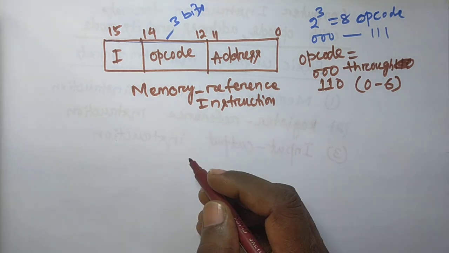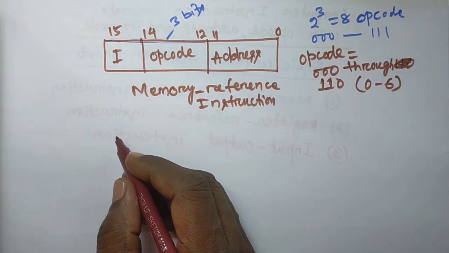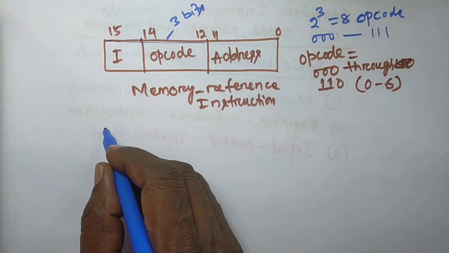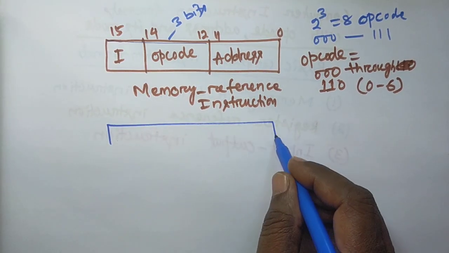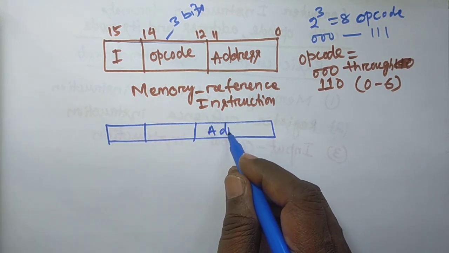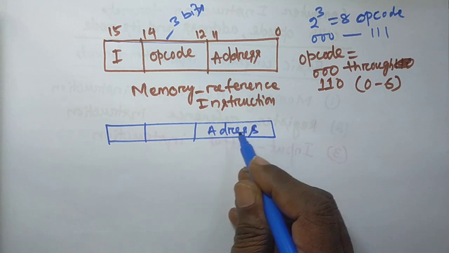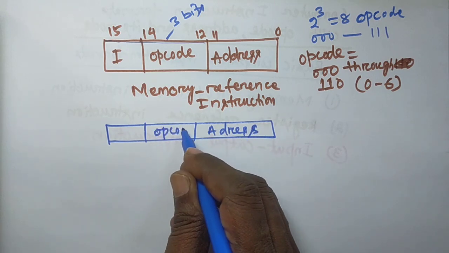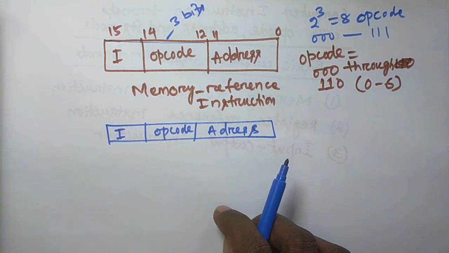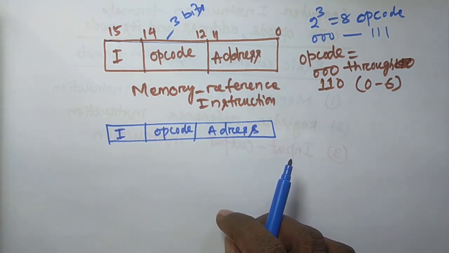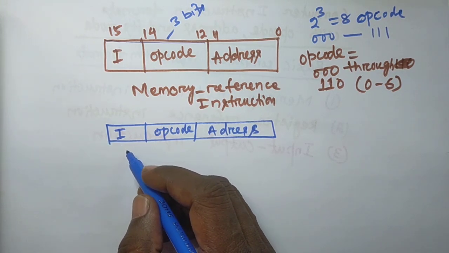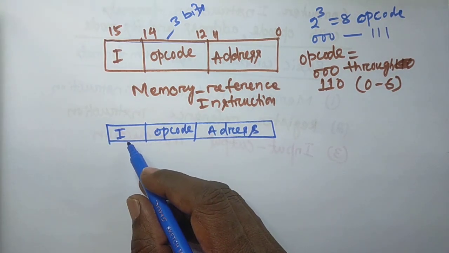Okay, now another way, if we go through certain things. Here is the address part, okay, here is the opcode, here is also I, okay, and this particular mode we will discuss, that is, what is the mode of this.